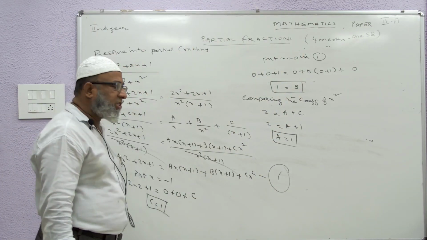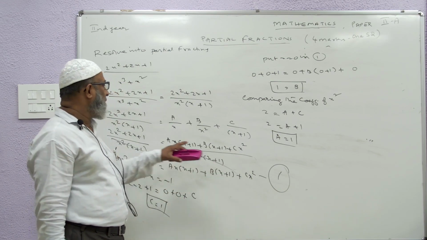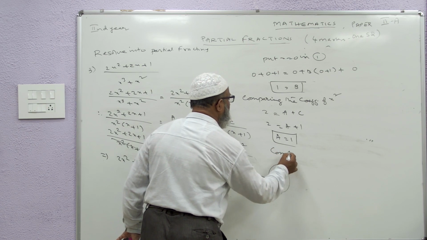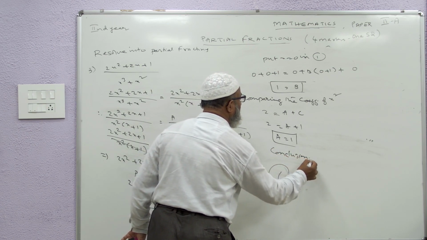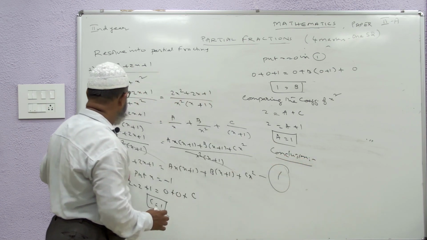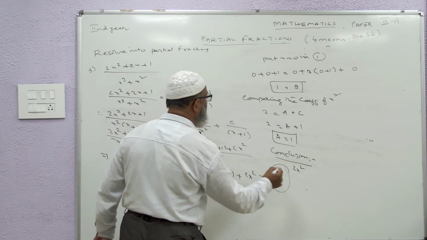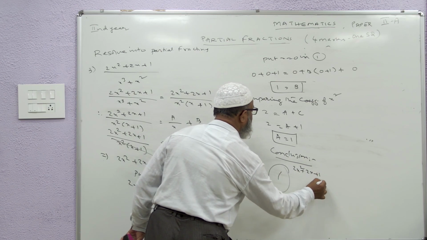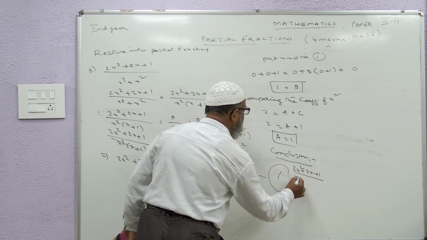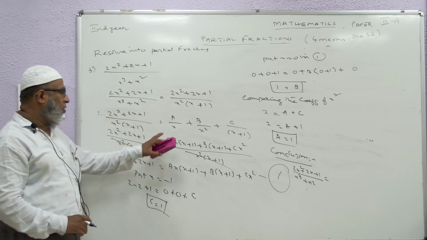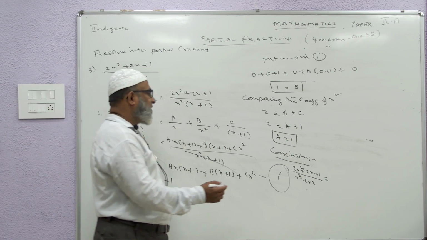Therefore, in the last, I have to substitute the values in my first equation. Therefore, this is your conclusion. What is your conclusion? (2x square plus 2x plus 1) divided by (x cube plus x square) is equal to, now what is the value of a? 1, 1 by x.